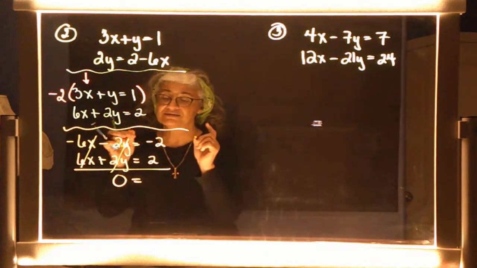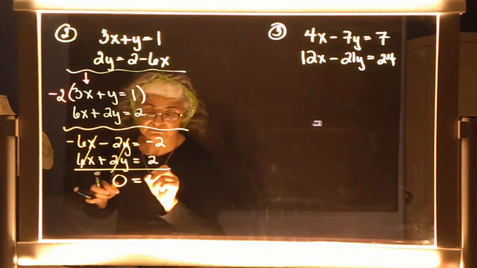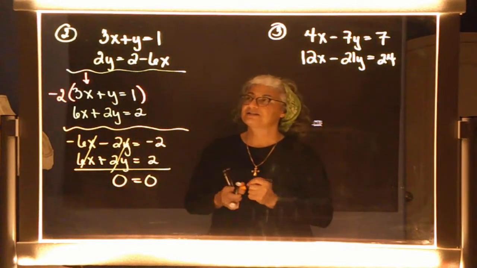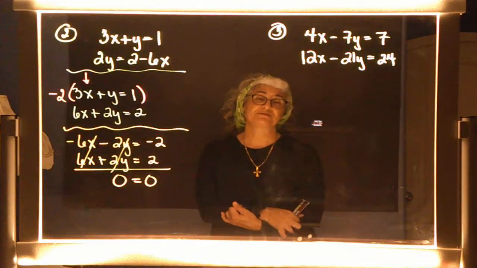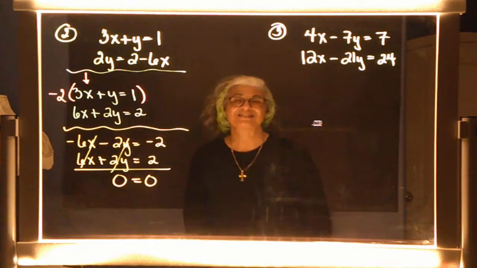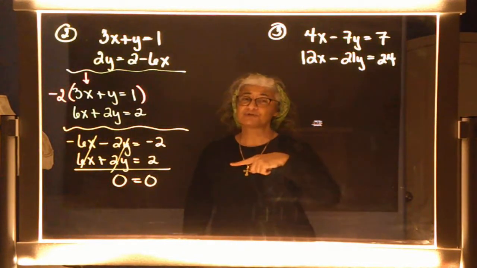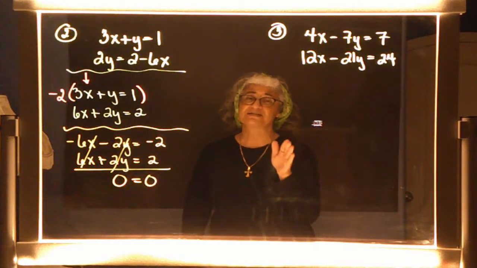0 equals 0. Okay, what's the deal here? 0 equals 0. The variables dropped out. We've seen this before. It was in the substitution method, but I don't care because it means the same thing.